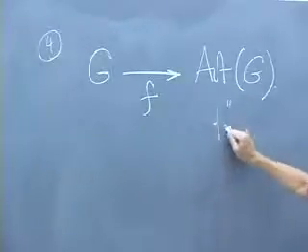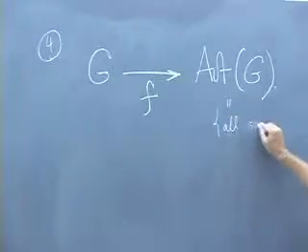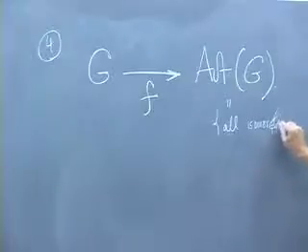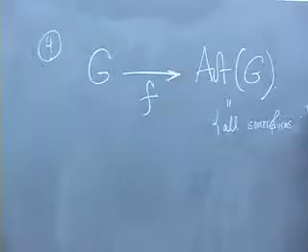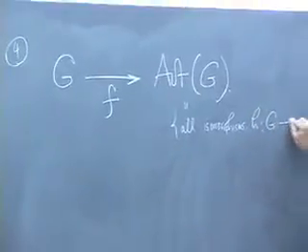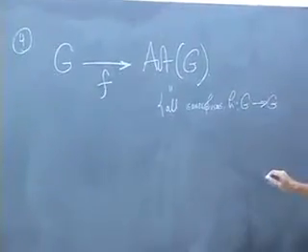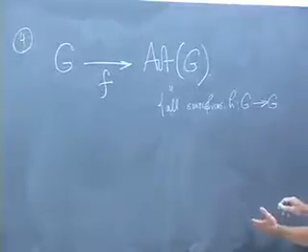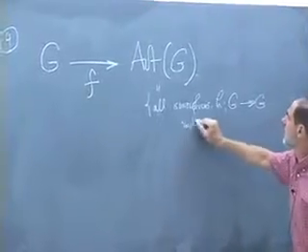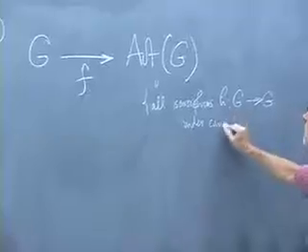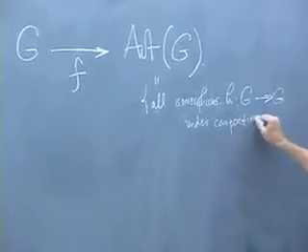This is all isomorphisms, let's call the isomorphism h, from G to G under composition. Namely, the group law is composition of isomorphisms.